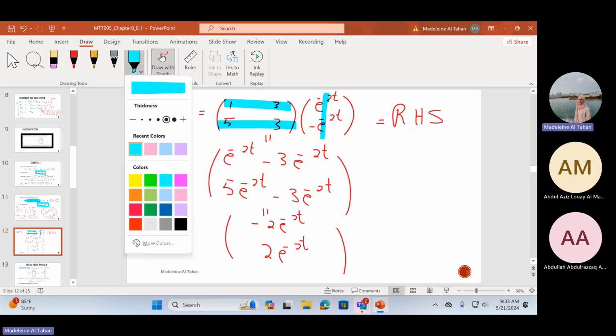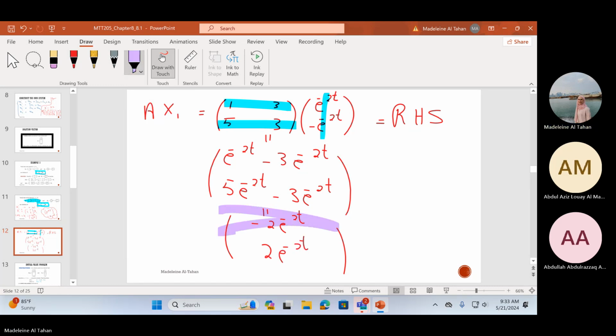Okay, let's highlight our answer and compare it to the left-hand side. What do you think? Is it equal to the left-hand side?